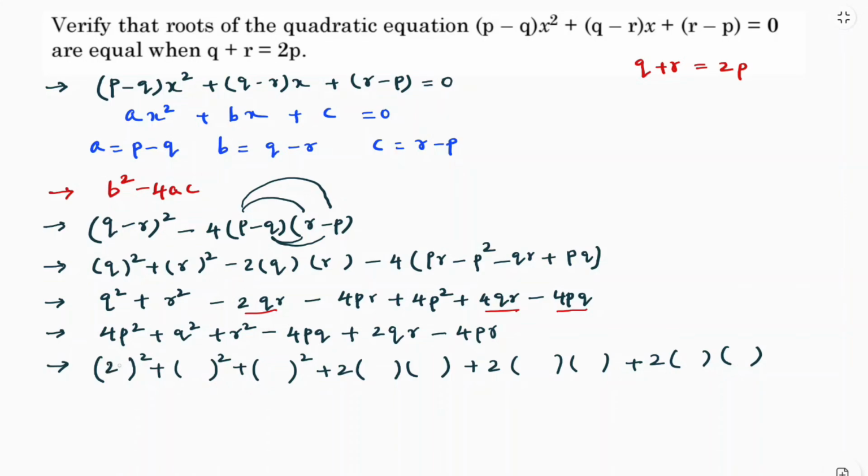So here this is 2p and this is q. This I can write as r. Here 2p, q, q, r, r, 2p.